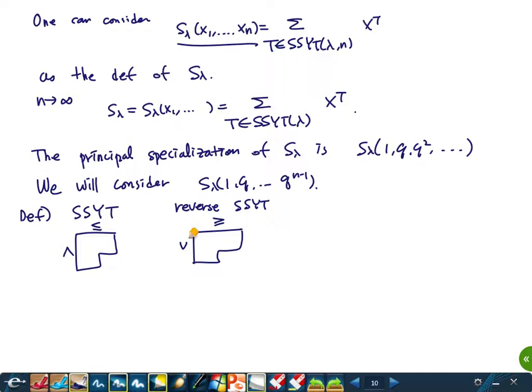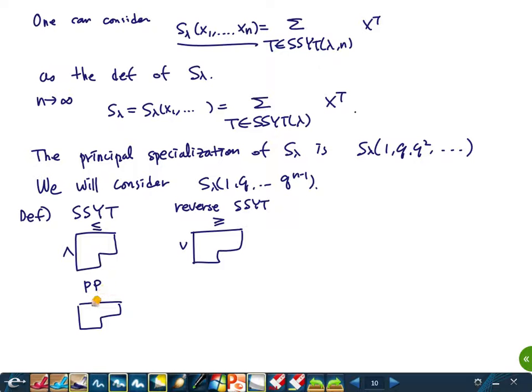And then we will also define plane partition. We already know plane partitions. What is the direction of the inequality? Weakly decreasing for plane partitions, right?